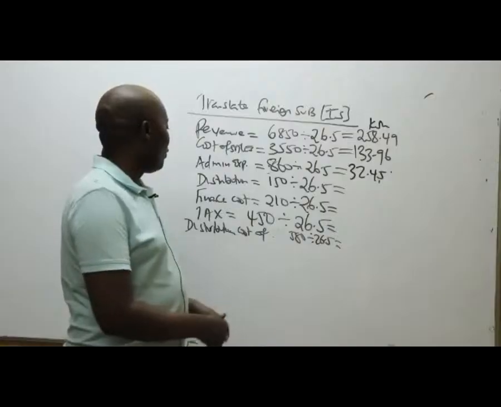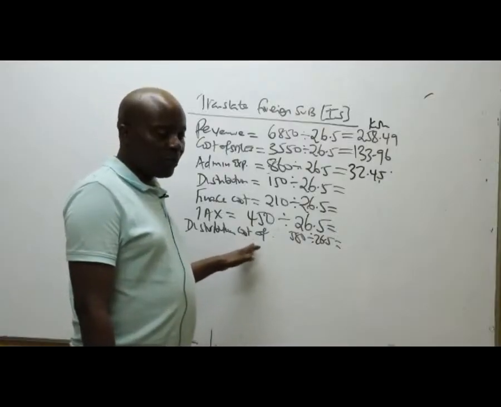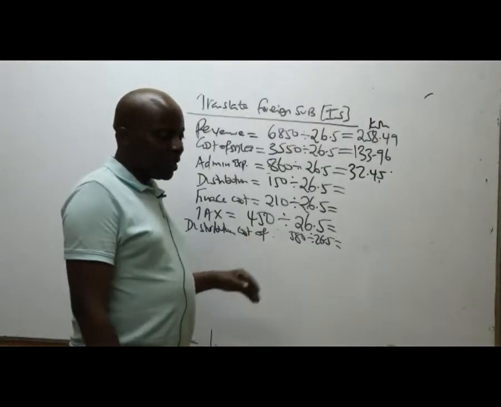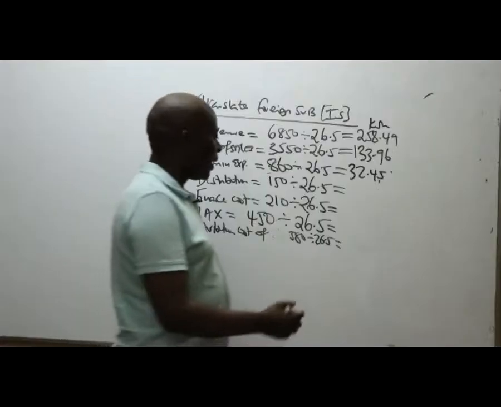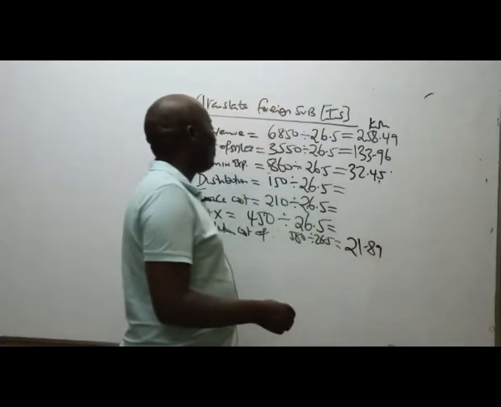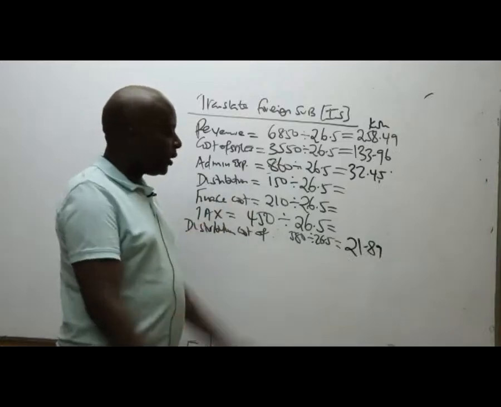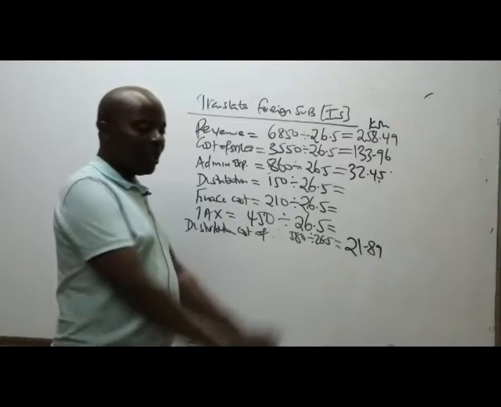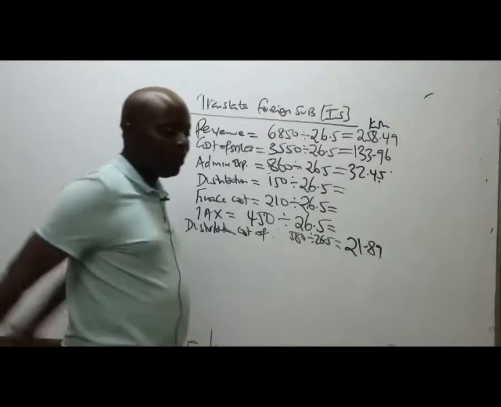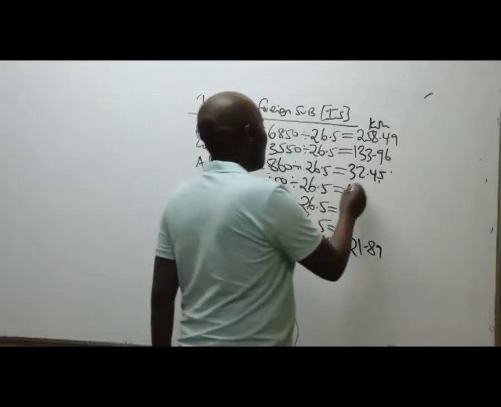From there, I think the next one was distribution cost. Is there somebody who is able to give us this distribution cost? 21.89. Distribution cost, are you able to see it? 5.66.